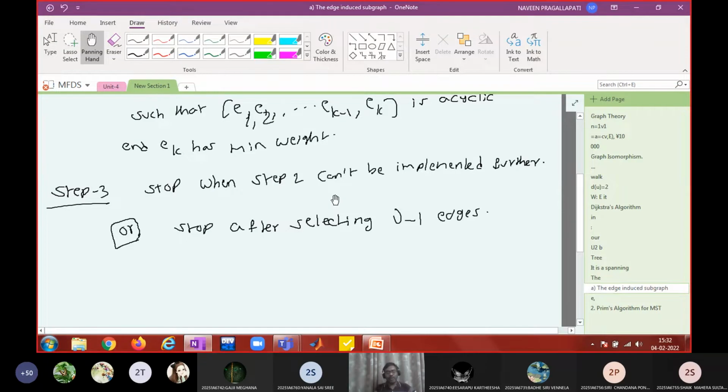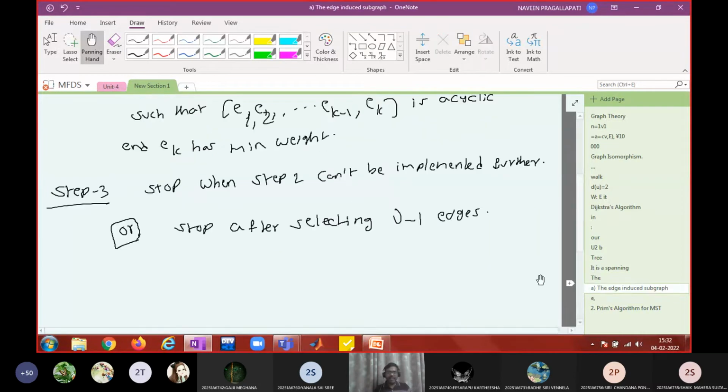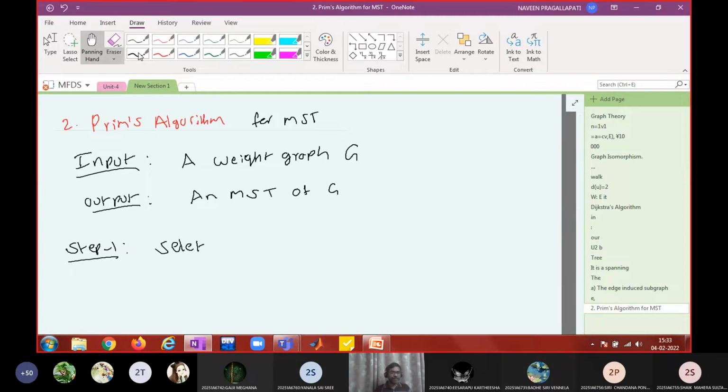You show an error message. If I'm considering the additional assumption that it is also a connected graph, then this case you will never get. You will definitely reach this step, so that you will always be successful in getting the minimum spanning tree.